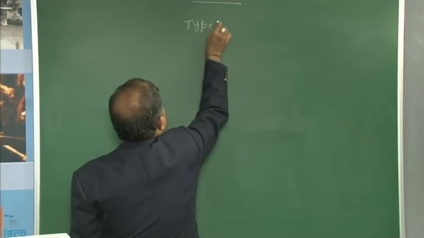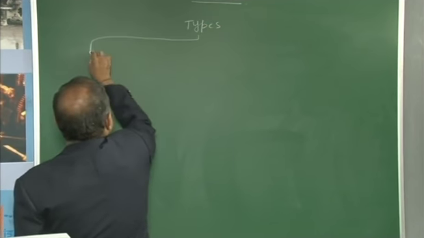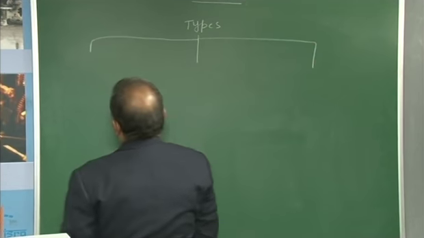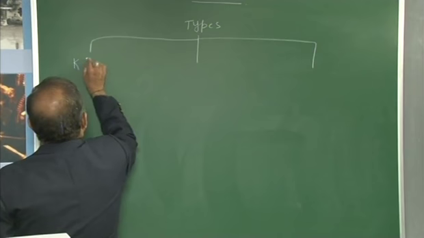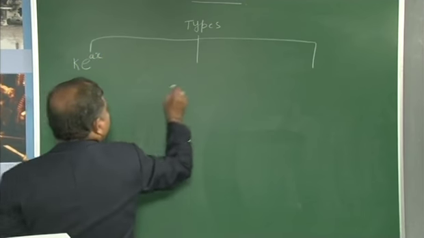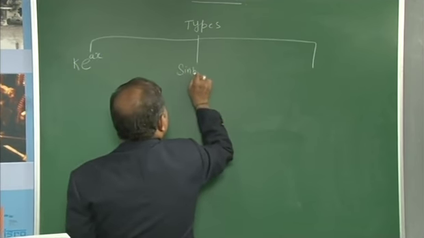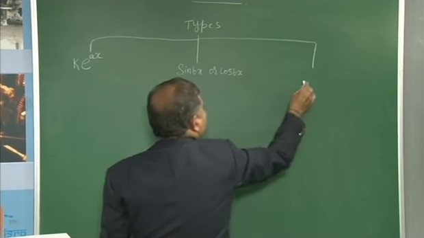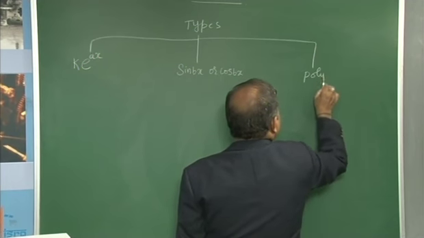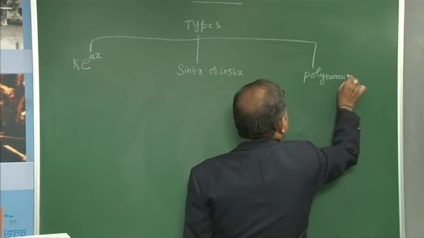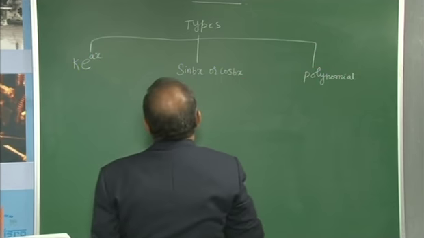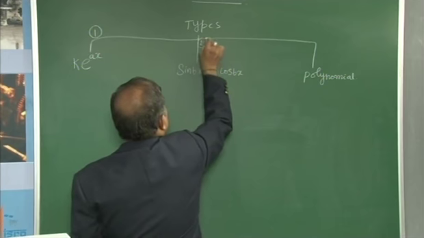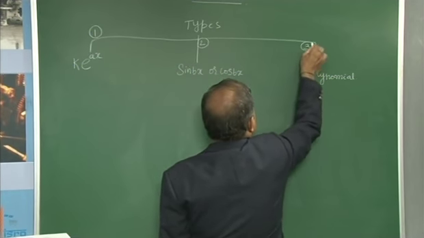Before going to the problem, there are majorly 3 types. One is k e power ax, another is sin bx or cos bx, then the polynomial. This is type 1, this is type 2, this is type 3.